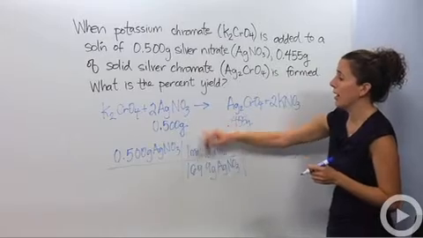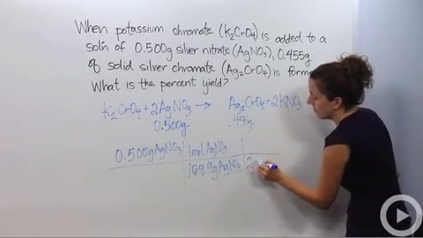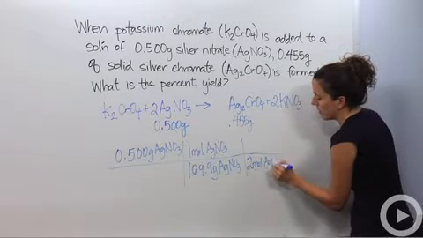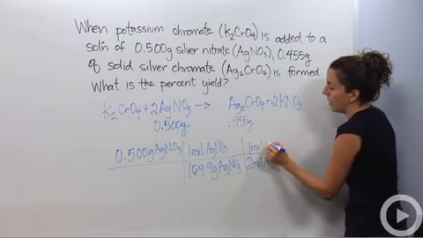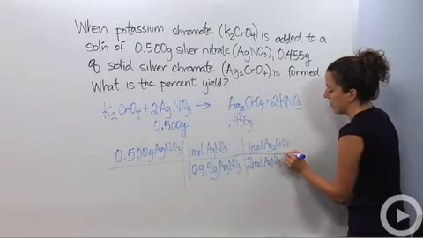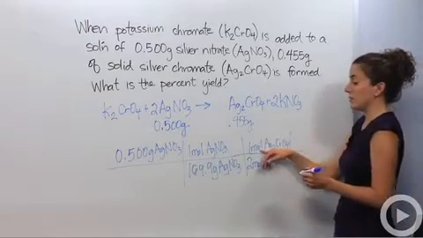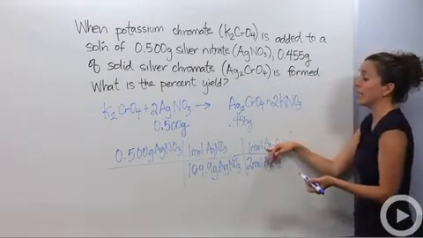Now looking at our formula, I know that for every 2 moles of AgNO3, I produce 1 mole of Ag2CrO4. But this gets me to moles. Let me cross all these units out. This gets me to moles. I want to get to grams.